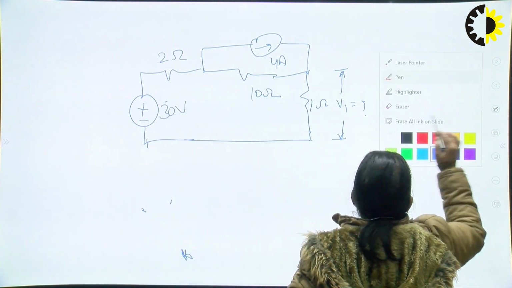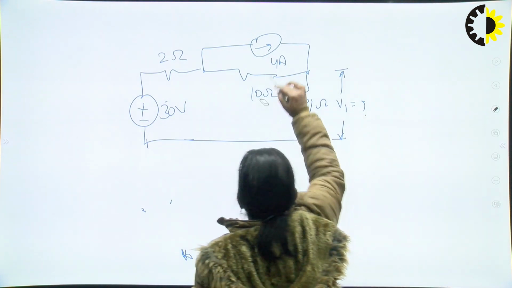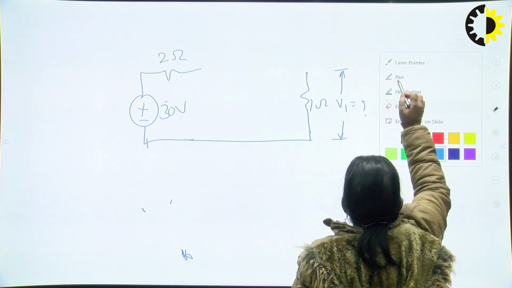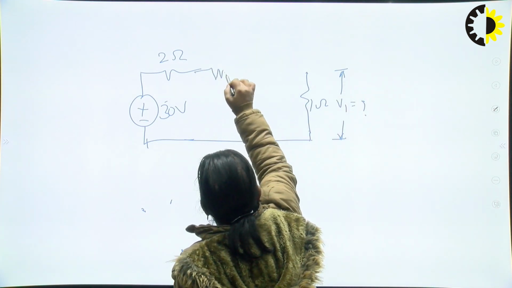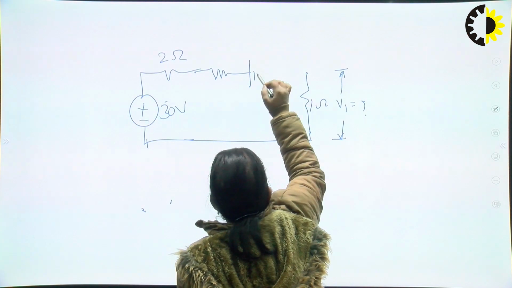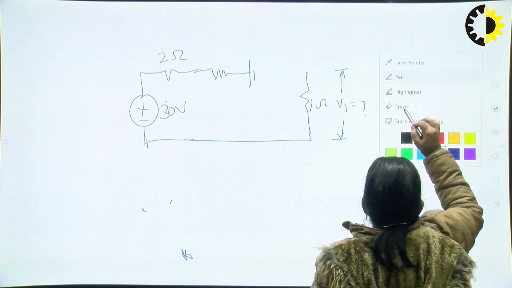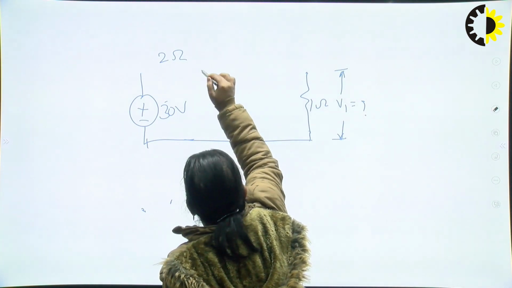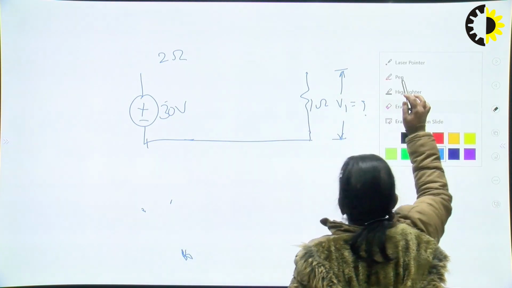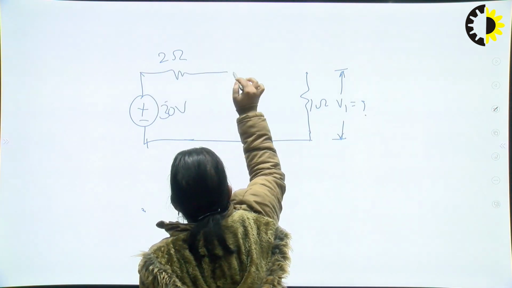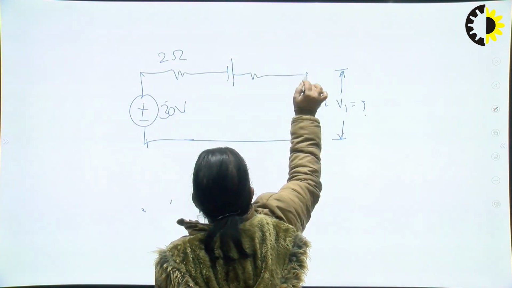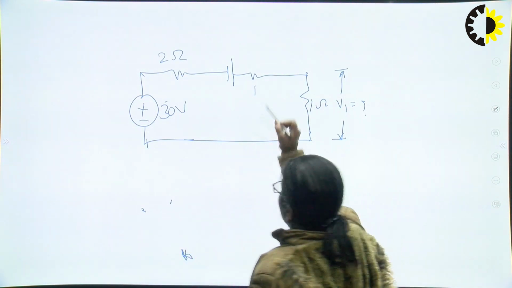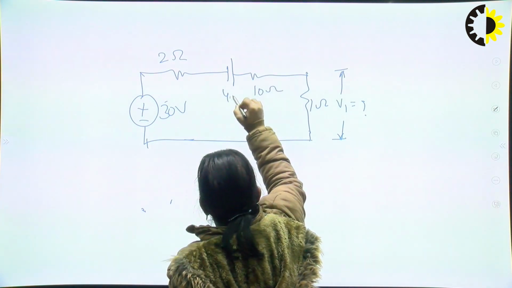Now again, it is 40 and 10 in series. The direction for the current source was towards the right, so it has to be positive on this side, and then the resistance was 10 ohms and the voltage would be 40 volts.